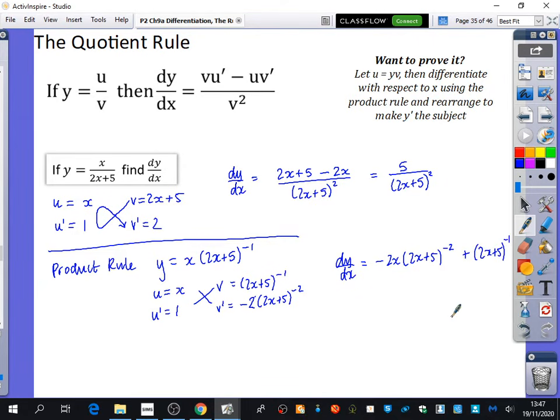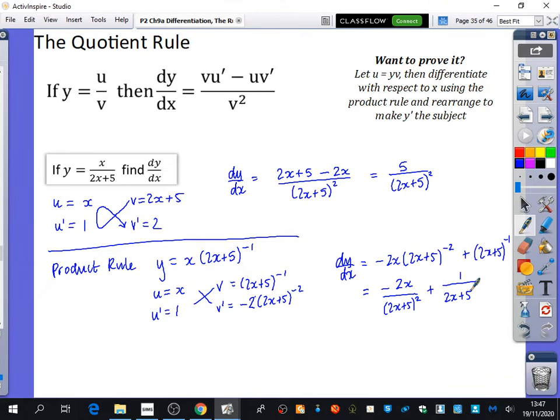It doesn't look the same though, does it? So we need to do some work on this to see if it is going to be the same thing. So this first one is minus 2x over 2x plus 5 squared. And this next one here is just 1 over 2x plus 5. So what do you think I might need to be doing with these two, Shahan?